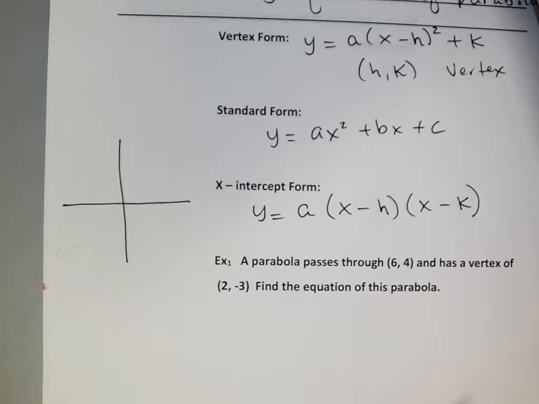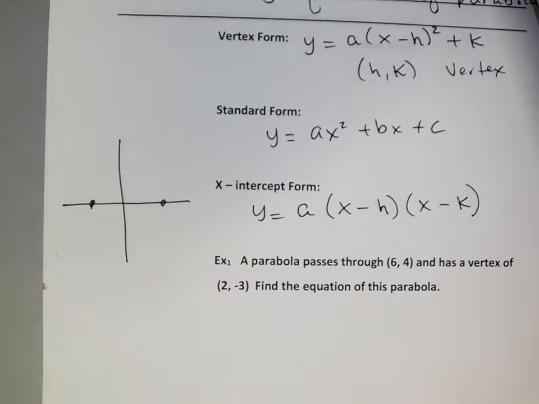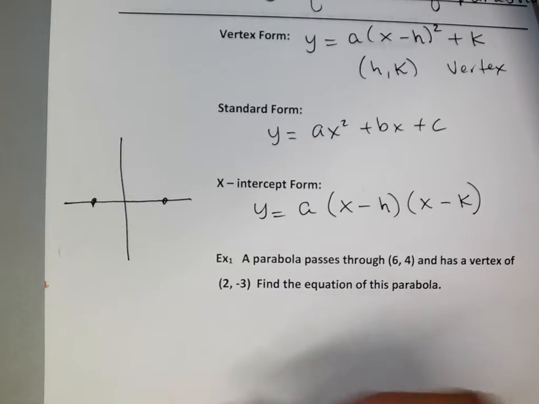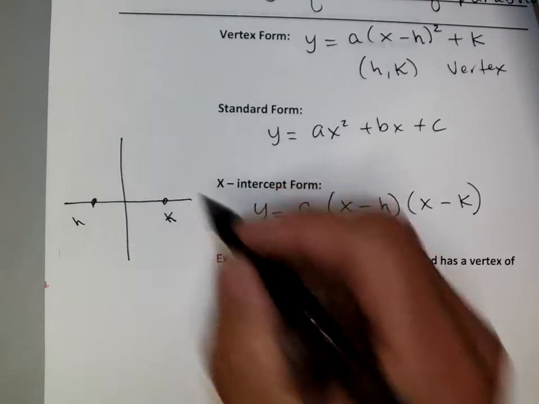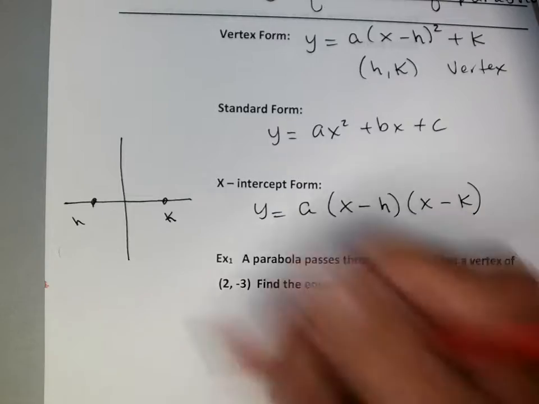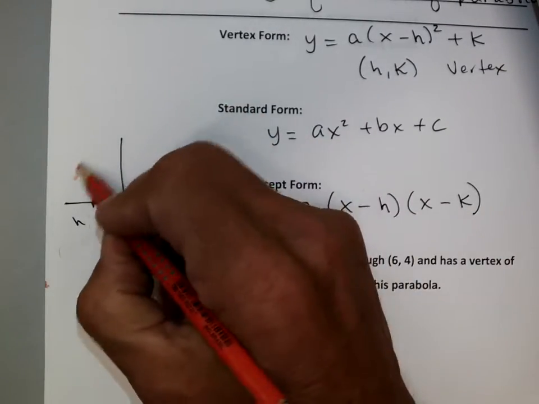H and k are the x-intercepts. One could be here. I'm just making it up, okay? This could be a value h, and this could be value k, right? And then your parabola could go through those, right? So sometimes that's all we know.